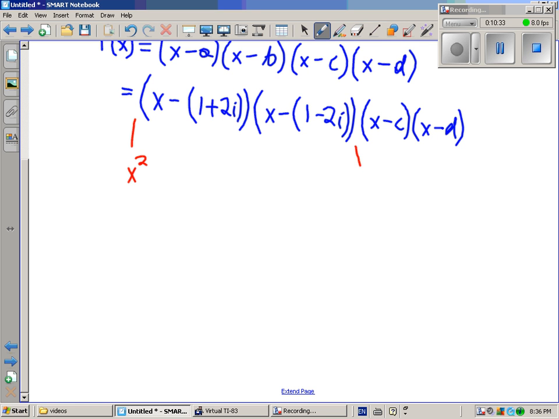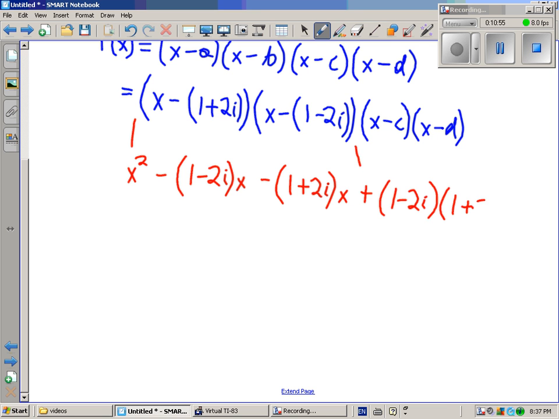Then minus 1 minus 2i times x, minus 1 plus 2i times x, plus our 1 minus 2i times 1 plus 2i. What I'm doing is neglecting that x minus c and x minus d for the time being. I'm really only worried about multiplying those first two terms.